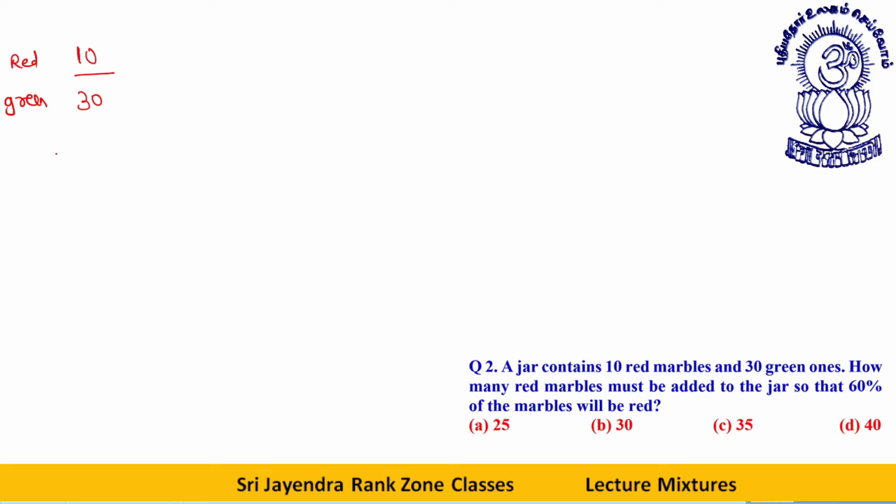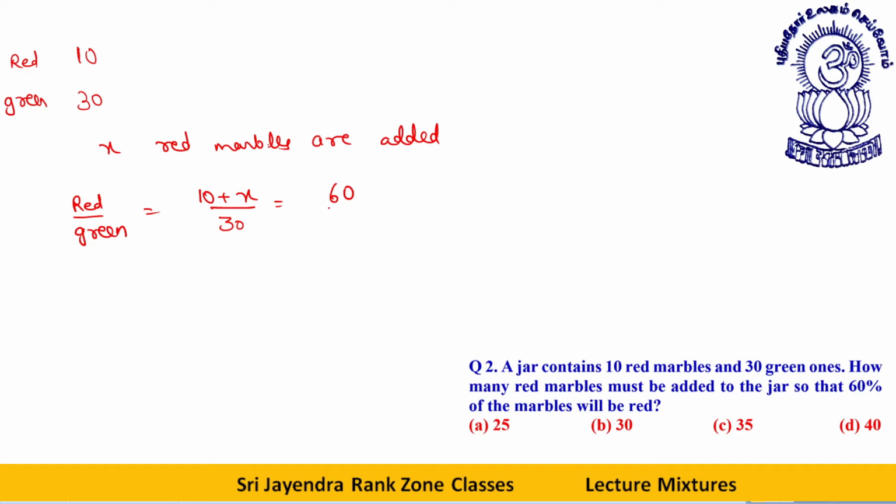Let's assume x red marbles are added. Now, since red marbles are added, what will happen? Red by green will be: red will be 10 plus x, green will be 30. This is equal to 60%.